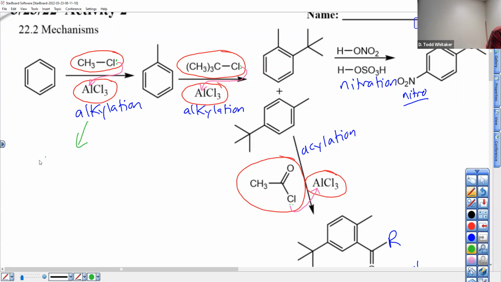So what you have here is CH3 attached to a Cl, attached to an aluminum that now has 4 bonds. That makes the aluminum a minus, and a chlorine with 2 bonds is a plus. Similar story down here. We're going to have a tert-butyl, a little chicken foot with a Cl, an AlCl3 here.